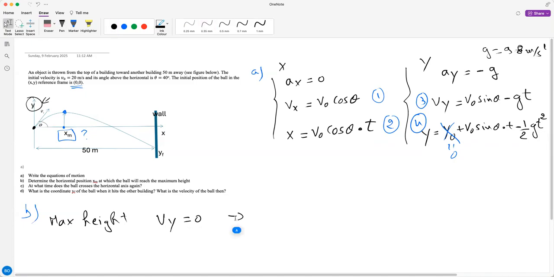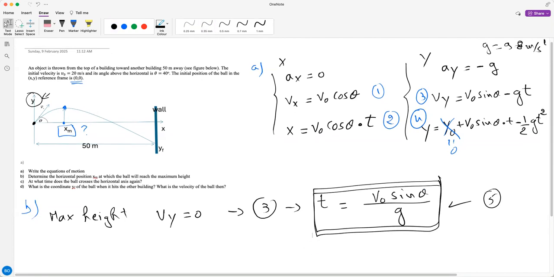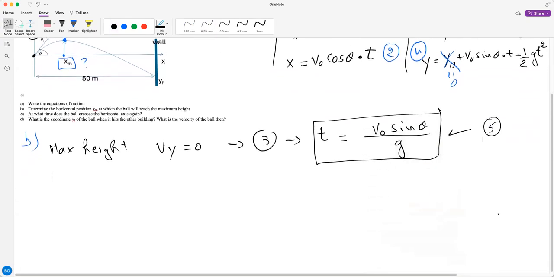From equation 3, we can easily see that the time at which the object will reach the maximum is equal to v0 sine theta divided by g. We can calculate its value, or we can keep it for later. What we will do then is plug this into the x-axis equation.